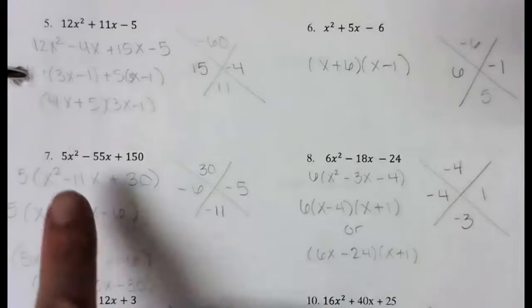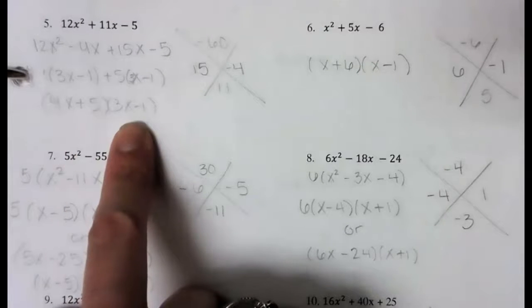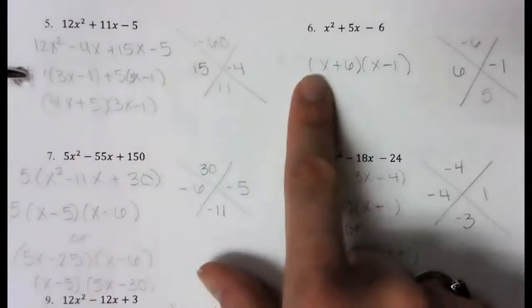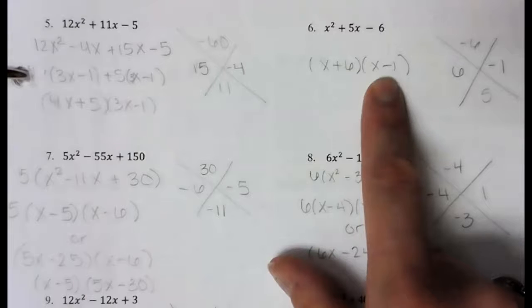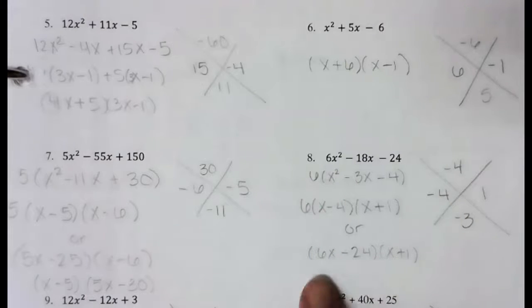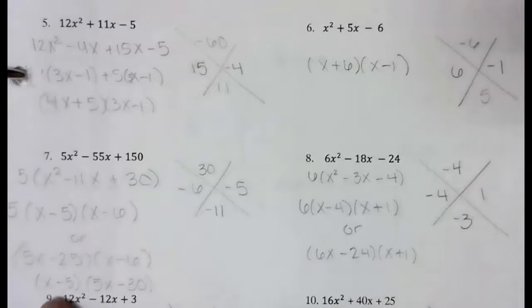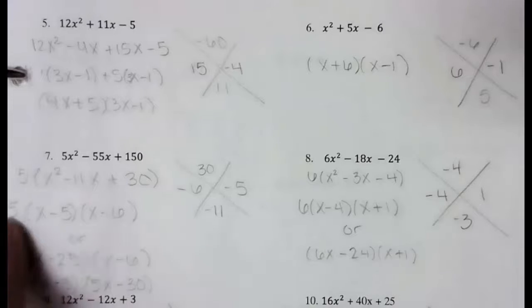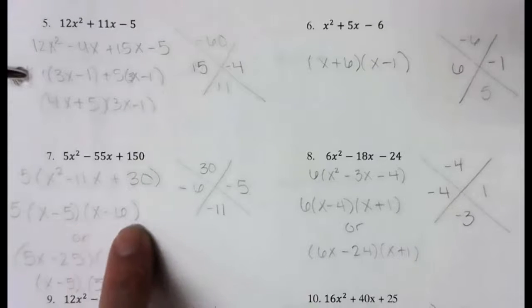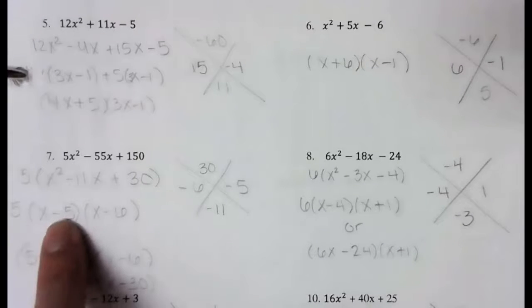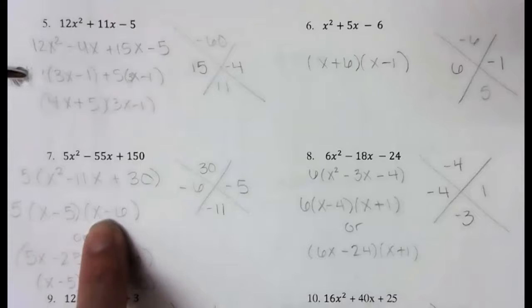And then we have 4x plus 5, 3x minus 1, x plus 6, x minus 1, 6x minus 24, x plus 1, and x minus 5, 5x minus 30. Now, in this problem here, if you kept your GCF out all the way through, you had 5, x minus 5, x minus 6.